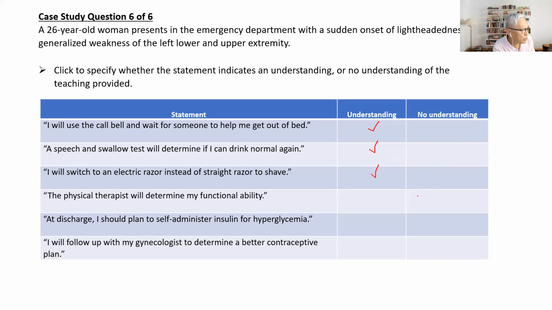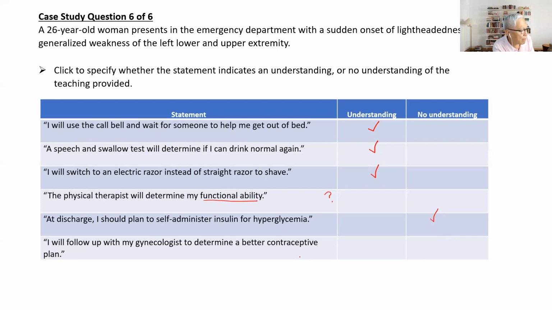The physical therapist will determine my functional ability. I don't know about this one. For functional ability, actually, the patient has to be assessed by the nurse as far as to what extent he or she can do things for himself. So I don't know about this. At discharge, I should plan to self-administer insulin for hyperglycemia. Well, there's no need for that. Just because the patient had the stroke doesn't mean that they're going to require insulin.